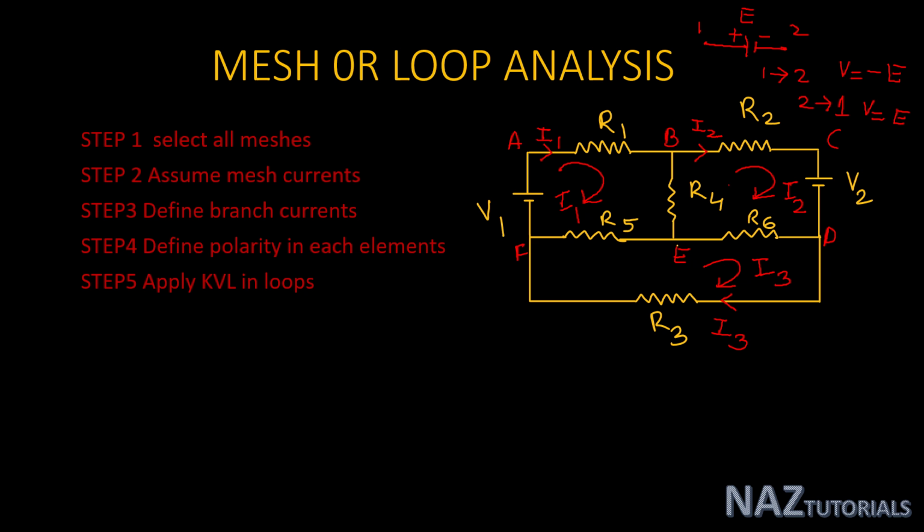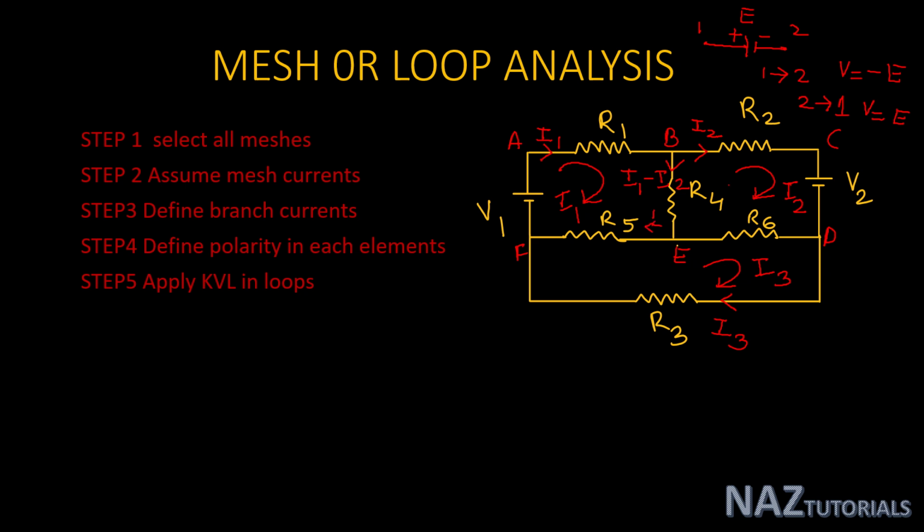So if you select I1 minus I2, that means the current direction will be B to E. If you select I2 minus I1, then the current direction will be E to B. Okay, fine. Now come to R5. In R5, the current I1 is flowing from E to F.